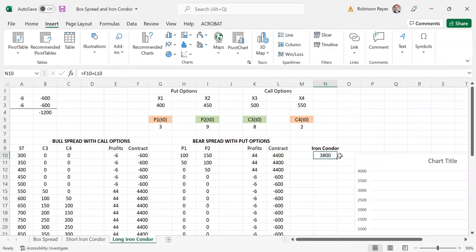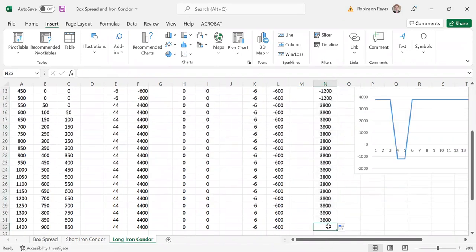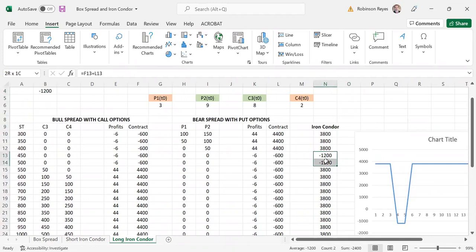And when we add these two contracts, now we have a gain on the extremes, and we have an area where we can actually lose money, which is a range of values when stock price is between the middle strikes.